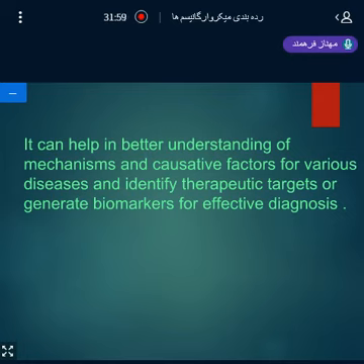So proteogenomics is a good technique for understanding the mechanism of diseases and identifying therapeutic targets. And maybe here is a question for the final exam. Which technique is for identifying therapeutic targets? Or which technique is useful for generating biomarkers for effective diagnosis? You must answer the proteogenomics technique.